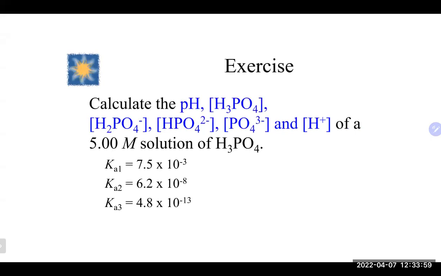So let's say we took this problem here, which is essentially we want to calculate everybody that's involved in the solution, everybody that went for a swim, starting with a 5 molar phosphoric acid solution. This is our Ka1, which represents the first hydrogen that comes off.